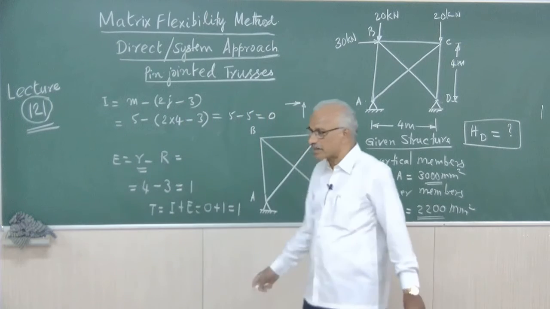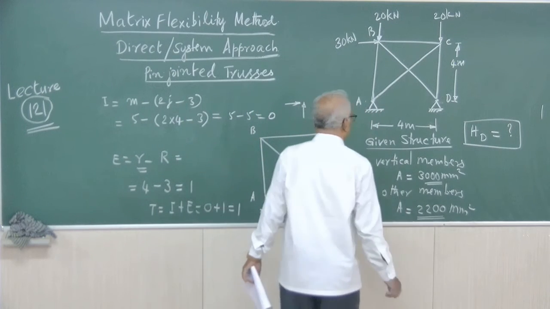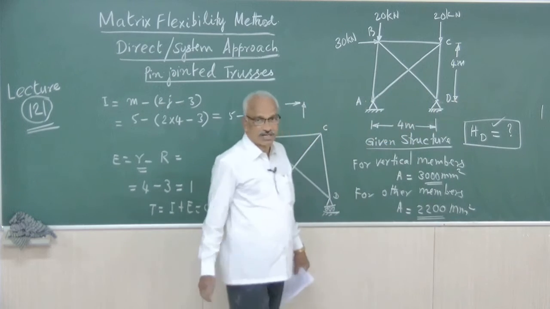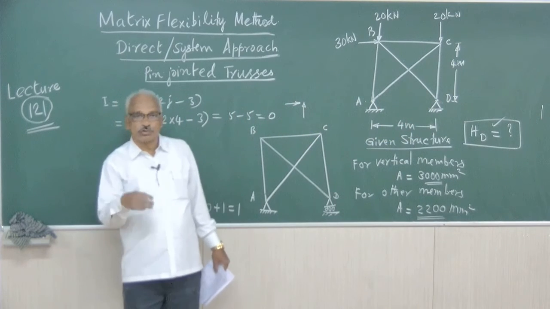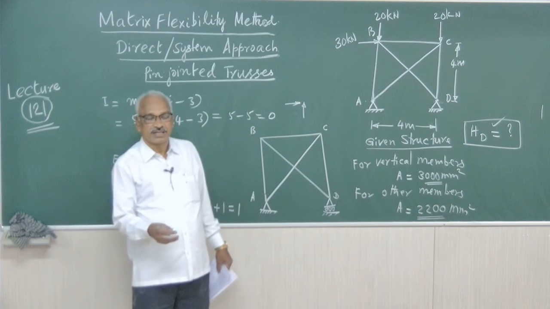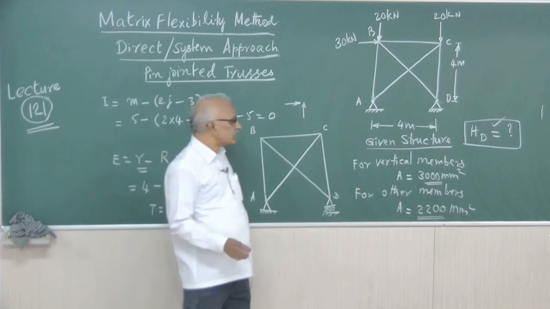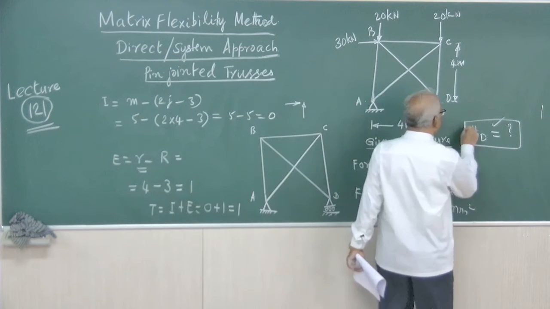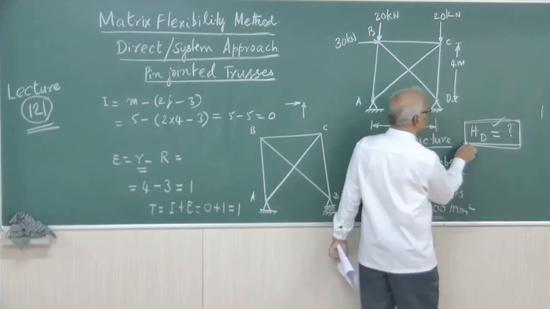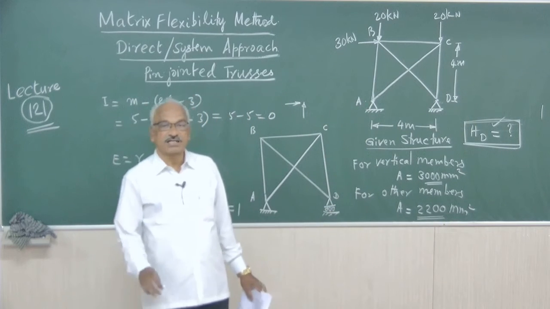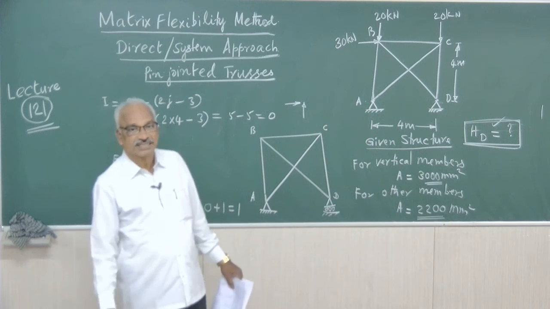In this problem, they have specifically asked for the value of the horizontal reaction at D. There are 2 vertical reactions and 2 horizontal reactions, and anything can be removed to make it determinate, but since they have asked for HD, we will treat the horizontal reaction at D as the redundant.